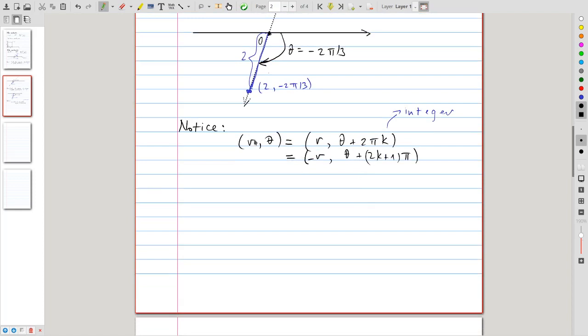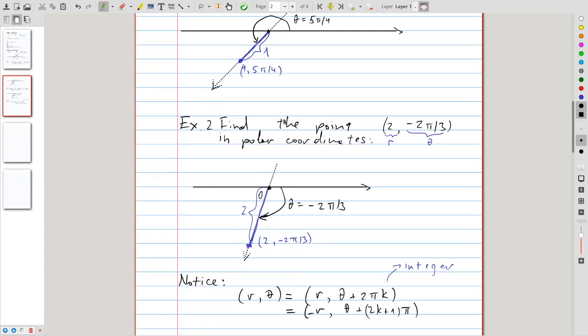So to illustrate that such points are in fact equal, let me take say this example here, right? So we have this point with coordinates 2, minus 2 pi over 3.